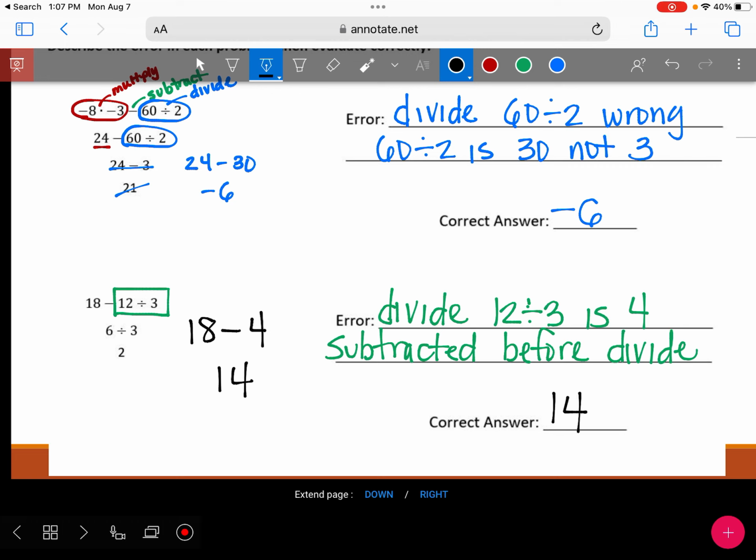All right, just a couple more. Today we're only focusing on order of operations. So looking at the next example, see if you can find the error.